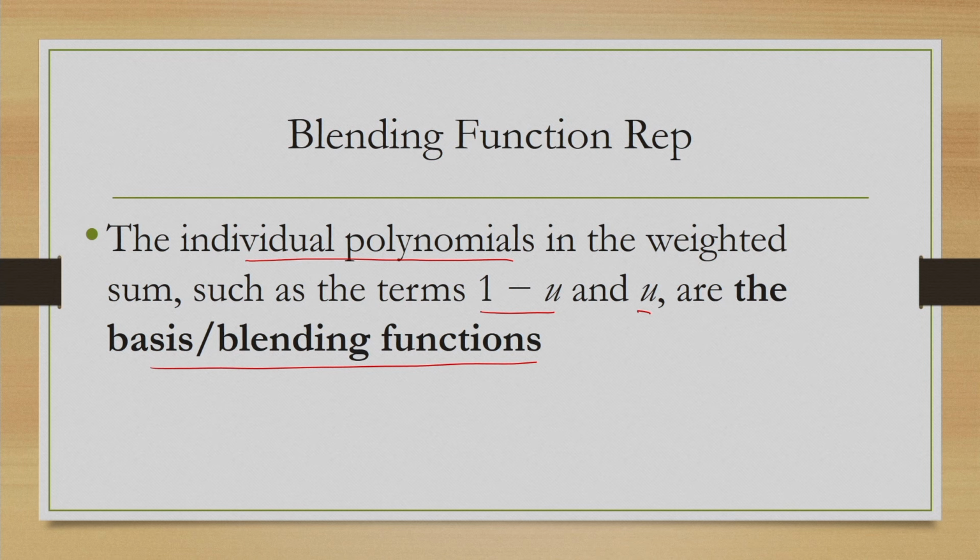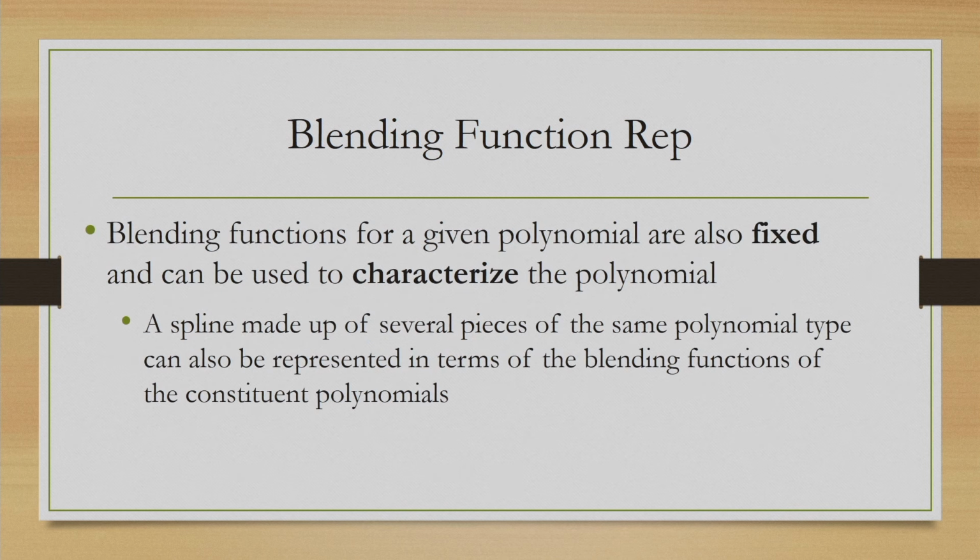So, the overall function is represented as a weighted sum of polynomials and these individual polynomials are called the basis functions or the blending functions. Now, for a given polynomial, the blending functions are also fixed. So, we can use them to characterize the polynomial.